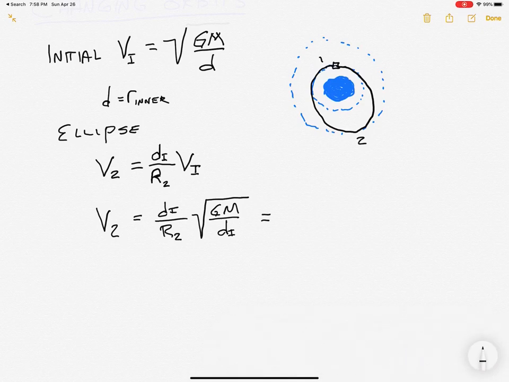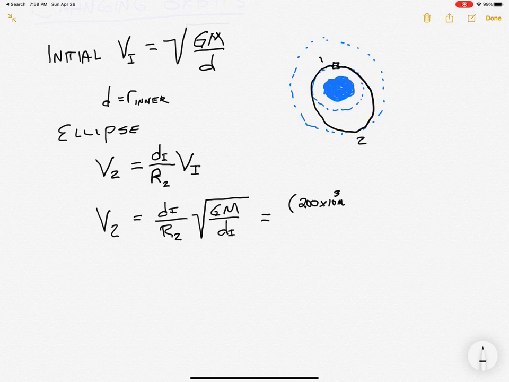So a reasonable orbit for a satellite would be, let's say 200 kilometers. So 200 times 10 to the 3 meters.